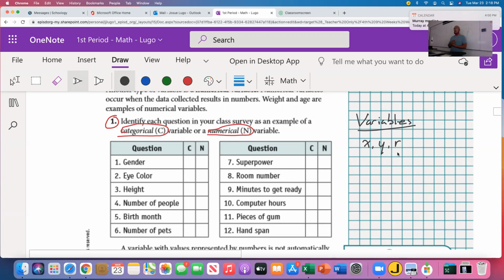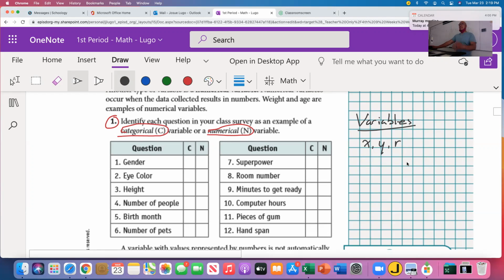So the value of a variable is going to depend on the situation or the person. That's why we use a letter, because that might be different from person to person. For me, R might simply be 3 for 3 rides. For you, it might be 10 or 20, depending on how many rides you go on. So again, that's why we use letters or symbols to depict variables.